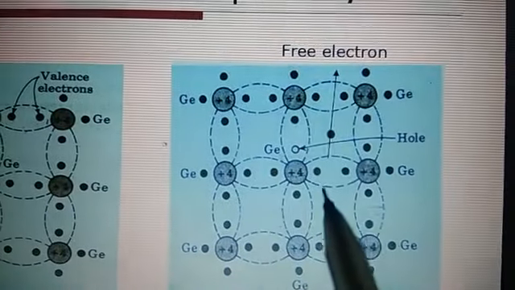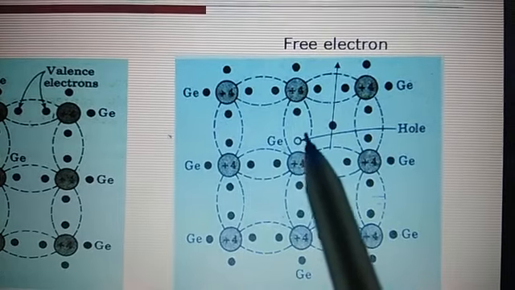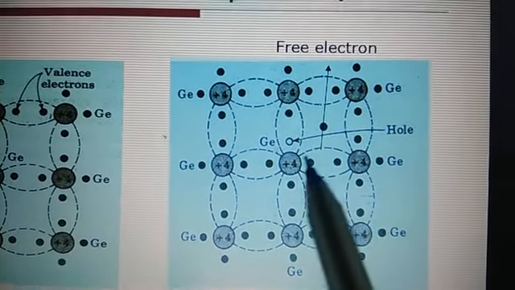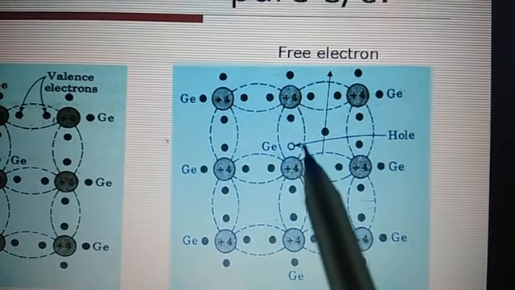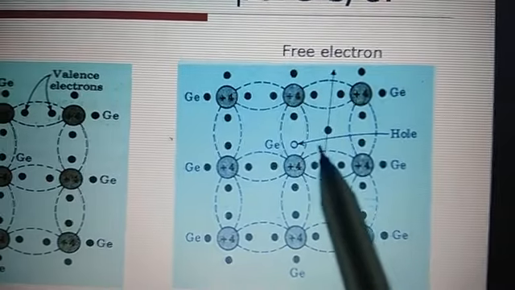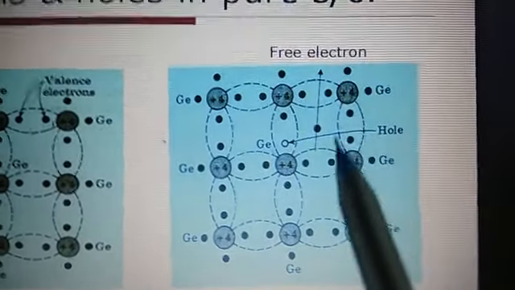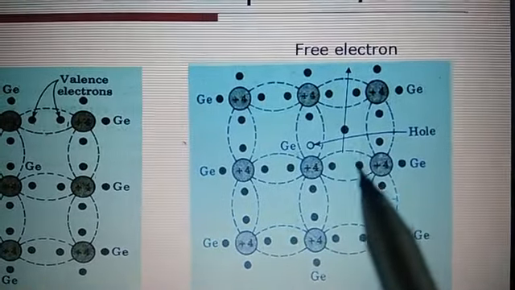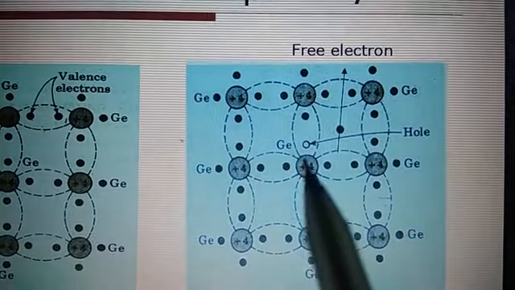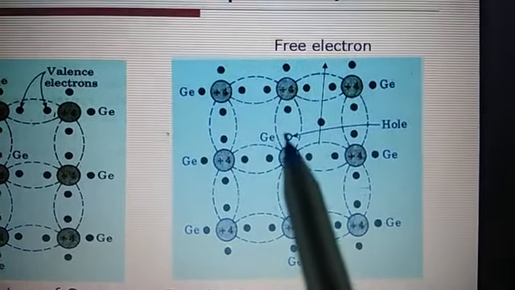And here one electron is loose and creates the hole. This is called a free electron. One hole is created and one electron has moved from this atom to the other. After supplying energy, this electron is loosed and will move to the other atom, and a hole will be created here.